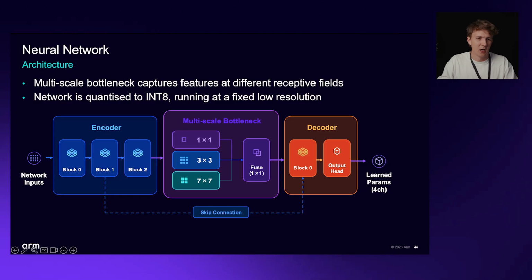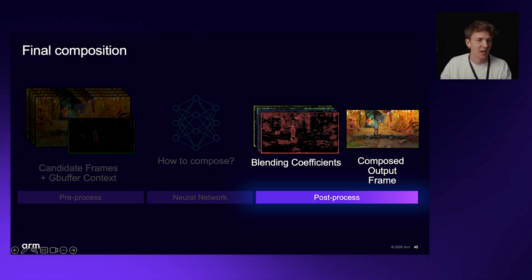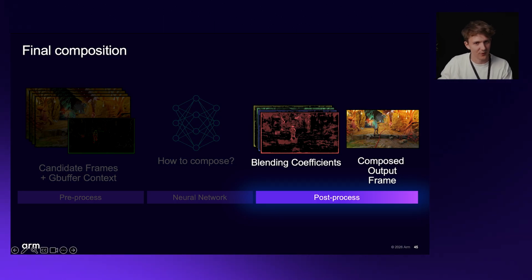So this is our neural network architecture, and if you take a step back, the problem starts to look a little bit like local feature segmentation. We want to select different candidates in different regions using alpha values, and because of this, our model is inspired by segmentation techniques. We have our encoder, which compresses the input candidates and context into a smaller feature representation, and we additionally have a skip connection to preserve useful detail later in the decoder.